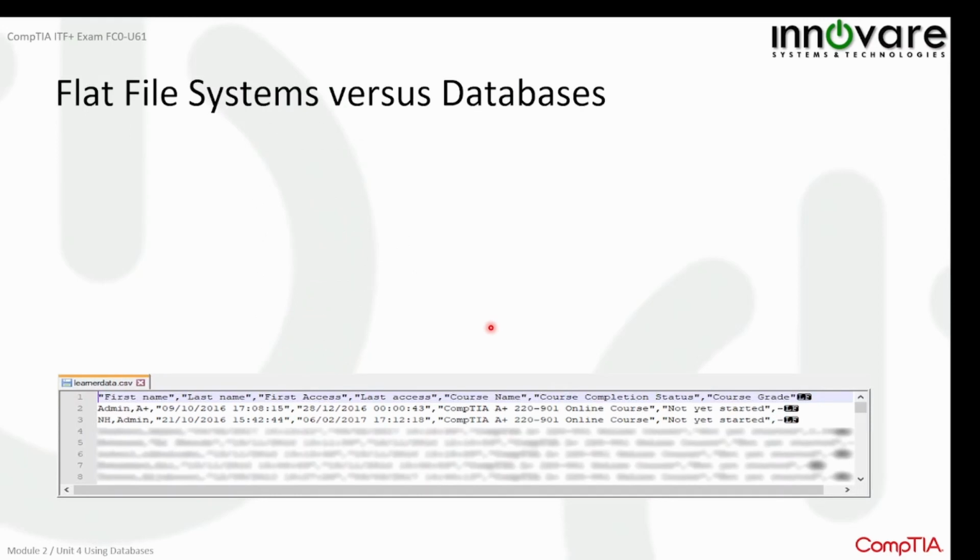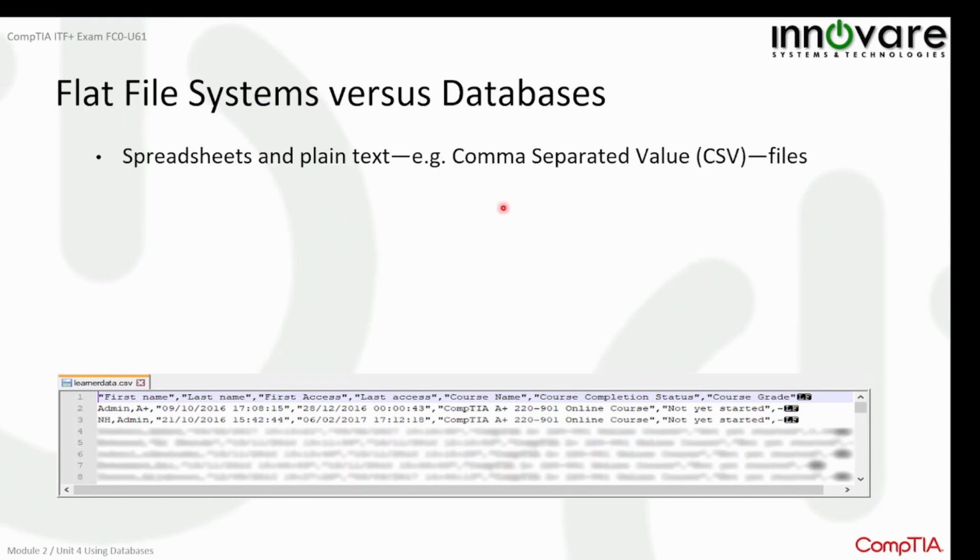To illustrate more what a database is, there are actually many kinds of databases. Starting from this, let's compare a database with flat file systems and a regular database. Flat file systems are data in spreadsheets or simply plain text.